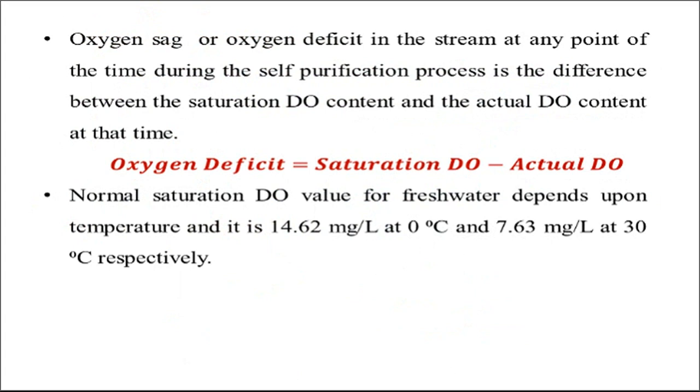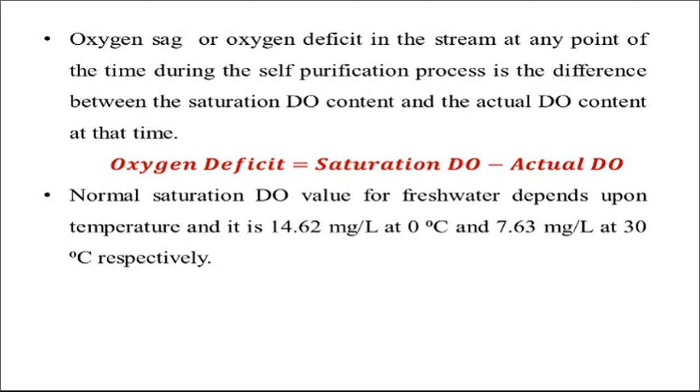So we have seen the oxygen sag curve. Oxygen sag or oxygen deficit in the stream at any point of time during the self-purification process is the difference between the saturation DO present in that particular stream and the actual DO content at that particular time. Or we can say oxygen deficit is equal to saturation DO minus actual DO.